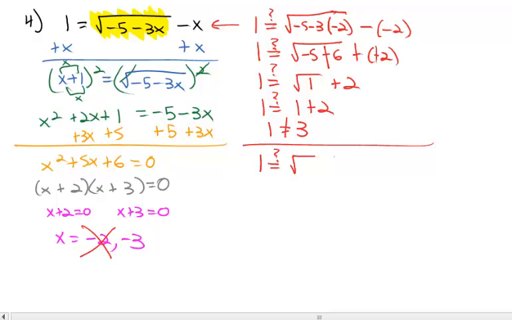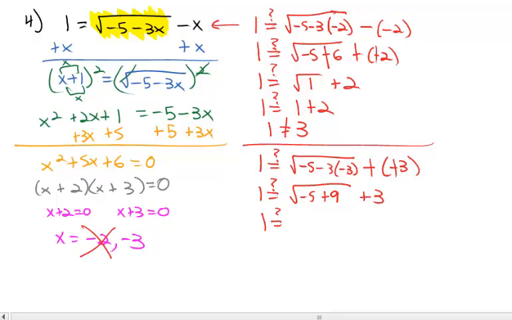Let's try plugging the negative 3 in then. So 1 we hope is equal to the square root of negative 5 minus 3x, which is negative 3, minus x, which is negative 3. Again, I'm going to add the opposite on the right side to make it plus 3. So we hope 1 is equal to the square root of negative 5, and negative 3 times 3 is positive 9, plus 3.